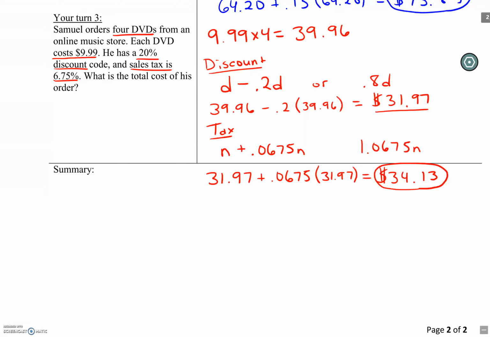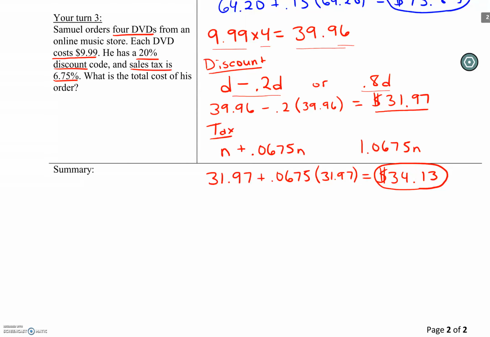So again, to recap, we started by finding the cost of the DVDs before we had to include the discount and the sales tax. So Samuel bought 4 DVDs at $9.99 each. That's $39.96. Then we found the amount after the discount. Because it's a 20% discount, we are taking away 20%. And remember, if you're not paying 20%, you're paying 80%.